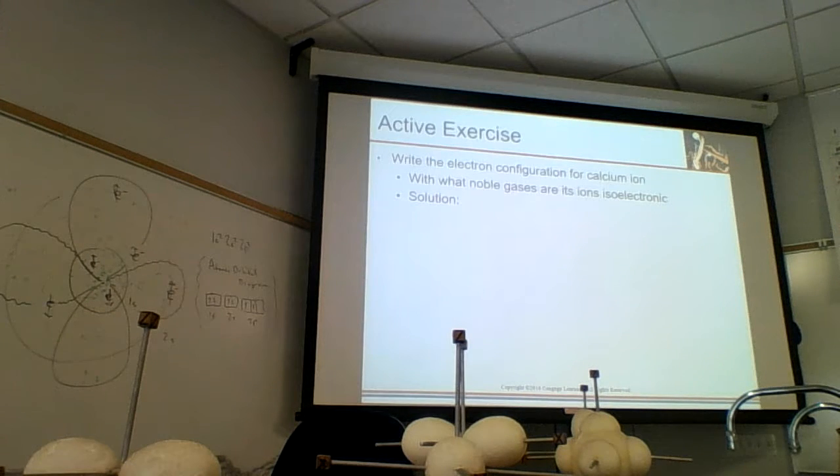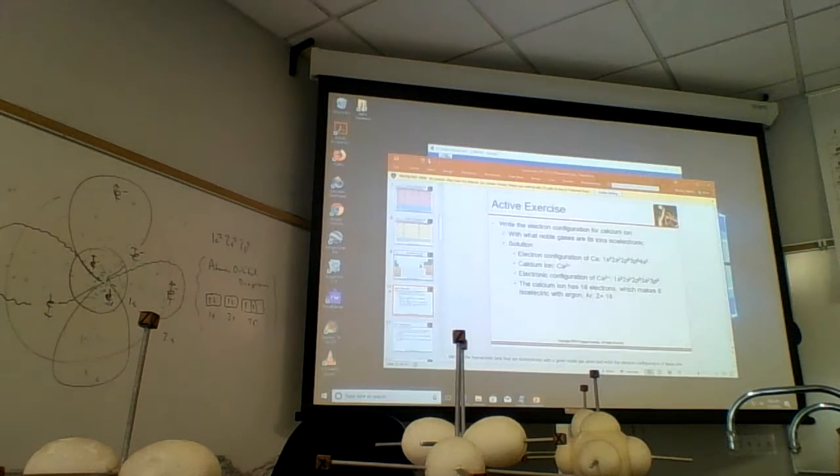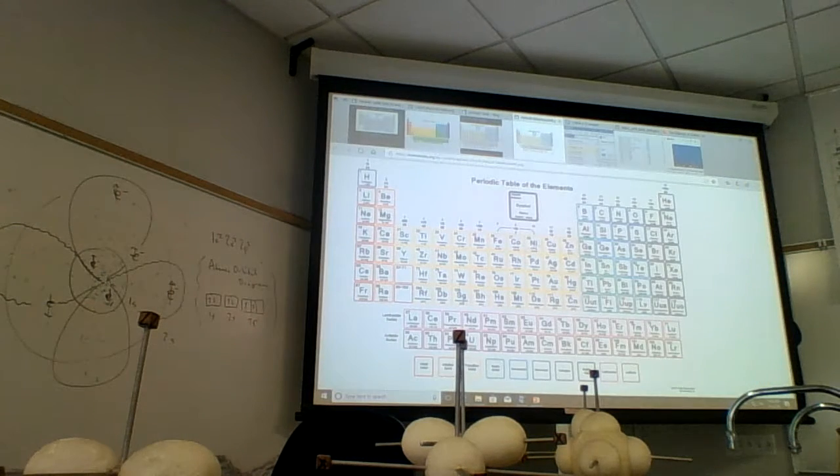Write the electron configuration of calcium with noble gas, and its ions isoelectronically. For calcium, we could just use the periodic table to do that. Let's take a look at the periodic table.